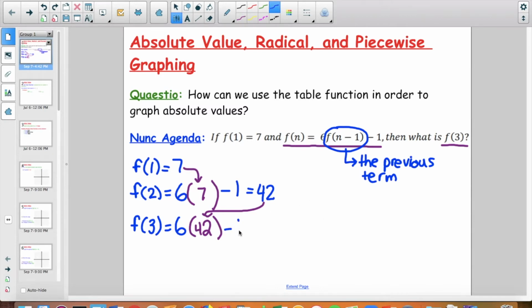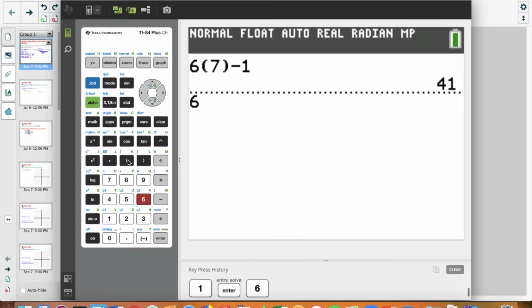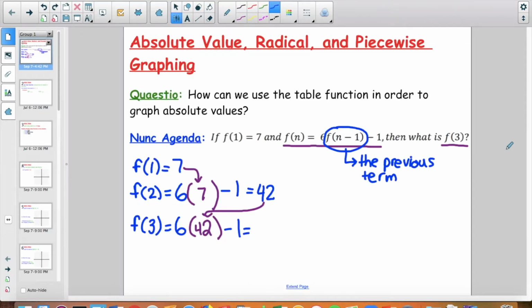We can't forget that minus 1 at the end. We can go to our calculator. 6 times 42 minus 1 gives us 251. So that tells us that f of 3 equals 251.